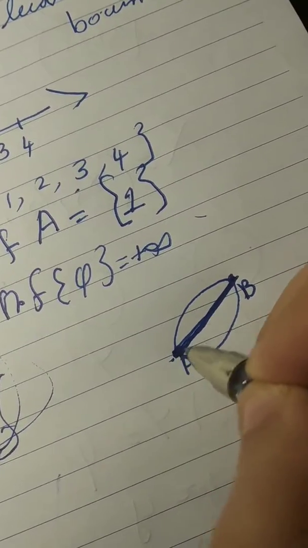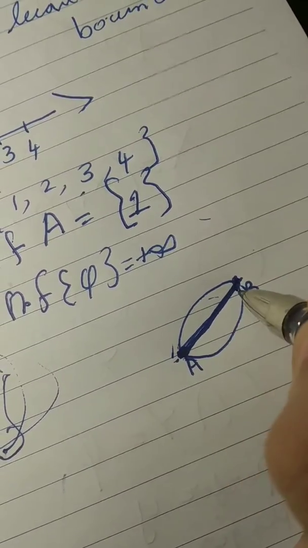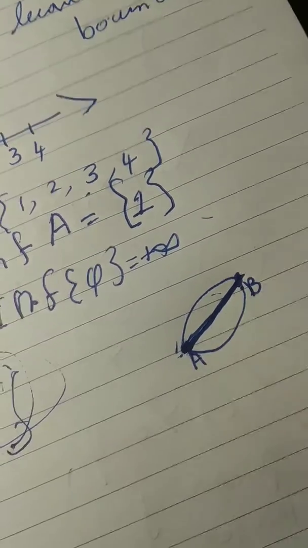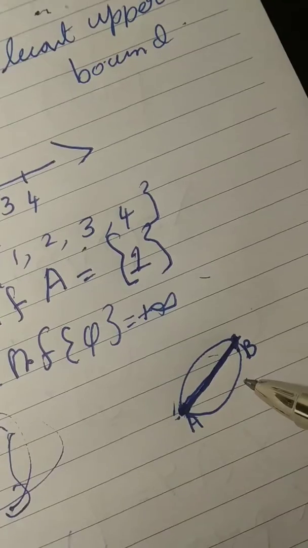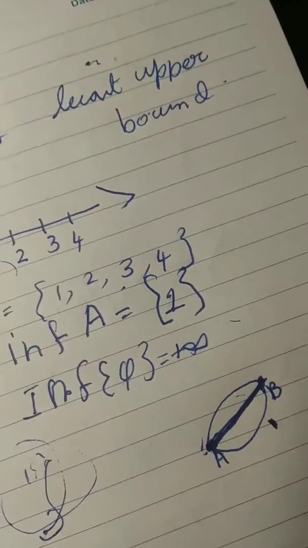We can't go from here to here or here to here, but we go from here to here because it's the shortest path. And this is the Fermat's rule of geometrical optics.